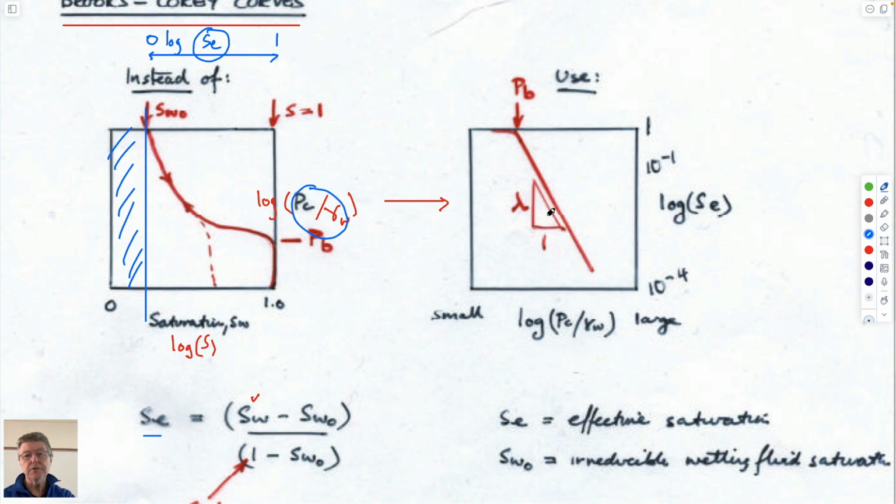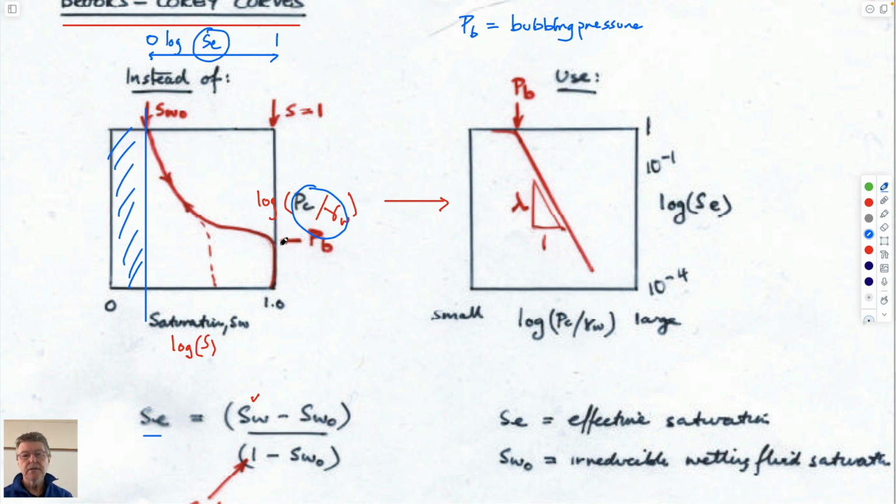and plot it on a different curve. So we've kind of switched it. This was saturation on the bottom, now it's effective saturation on the vertical. This was capillary pressure on the vertical, now it's capillary pressure on the horizontal. But we can look at all of these ordinates. This bubbling pressure, so called because a bubble of the non-wetting fluid enters first into the pore space.